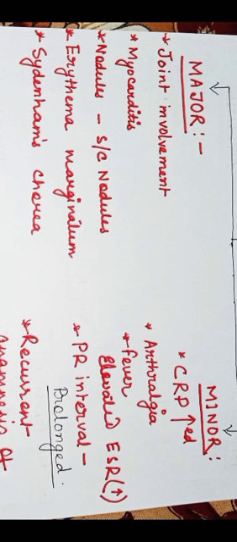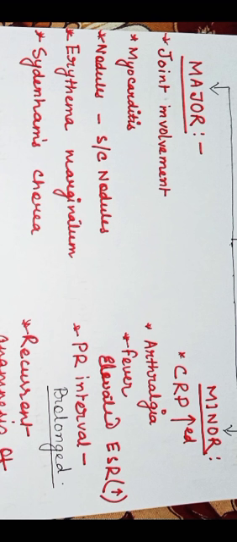Next point is myocarditis. Myocarditis is a major criteria, and all the three layers of the heart are involved in rheumatic heart disease. We know this. It has a specific term, that is bread and butter carditis.